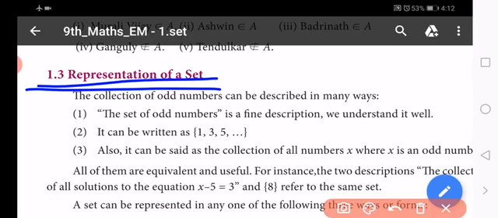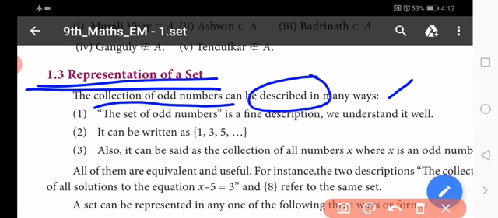Before that, they give some instruction. The collection of odd numbers can be described in many ways. The collection of odd numbers is one of the examples. It can be described by writing methods in many ways. So what are the ways we represent this example?